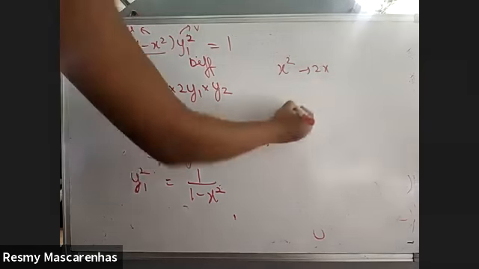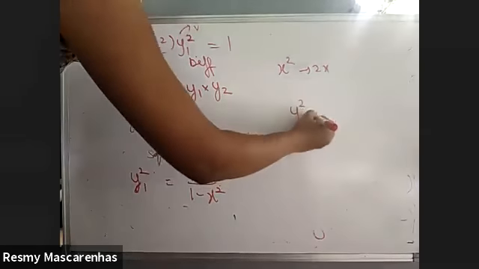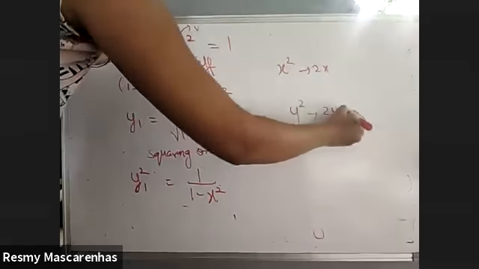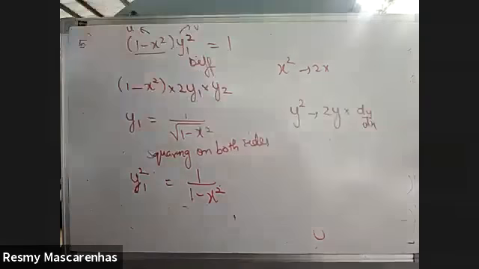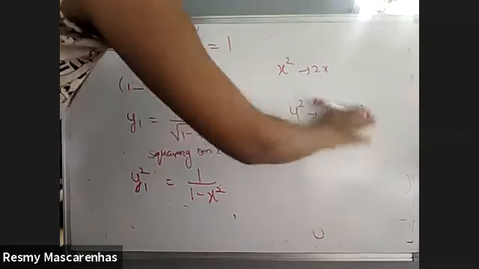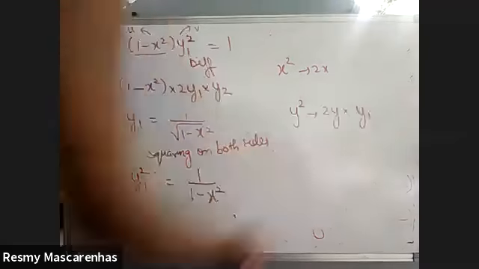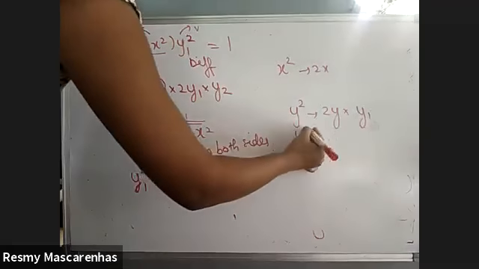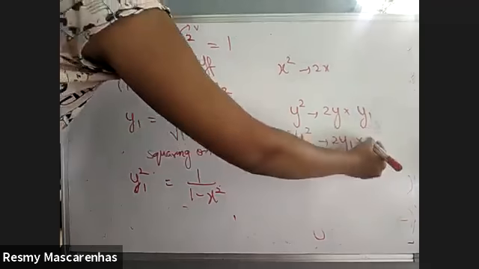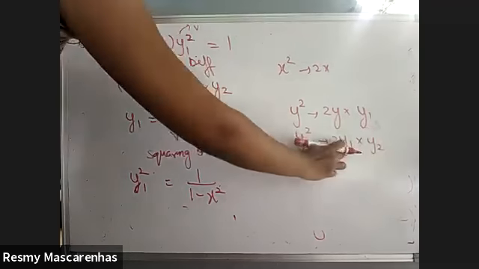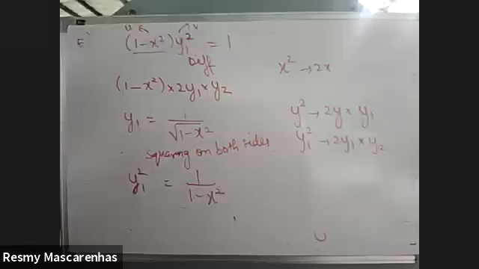See how we were doing earlier: the derivative of y square is 2y into the extra derivative, which is dy by dx. Dy by dx means y1. Same way, y1 square would give you 2y1 into the derivative of y1, which is y2.